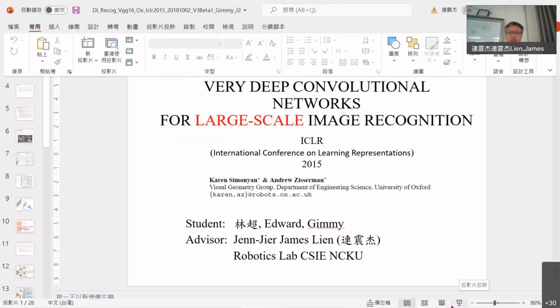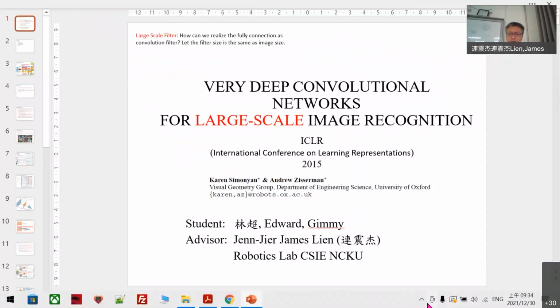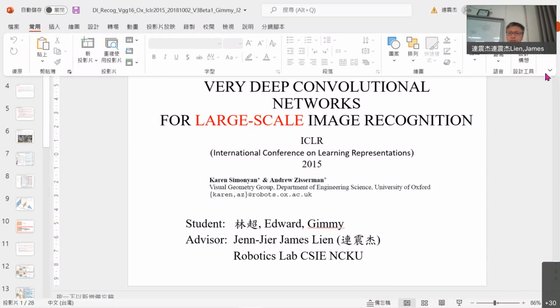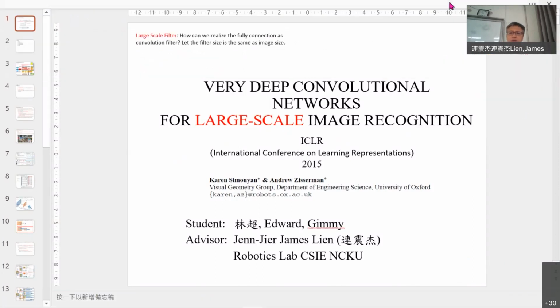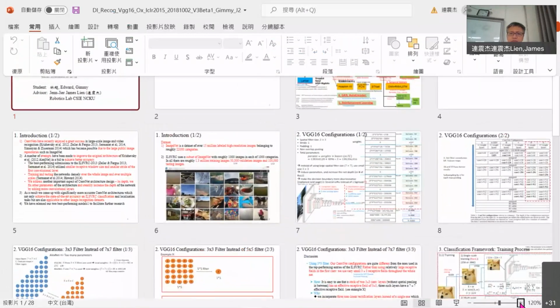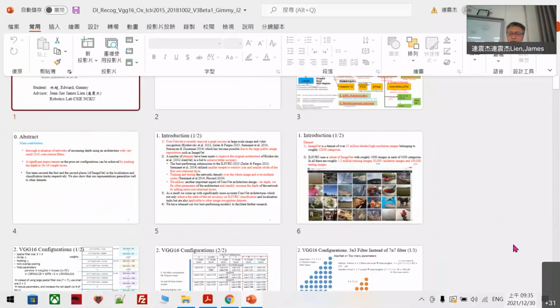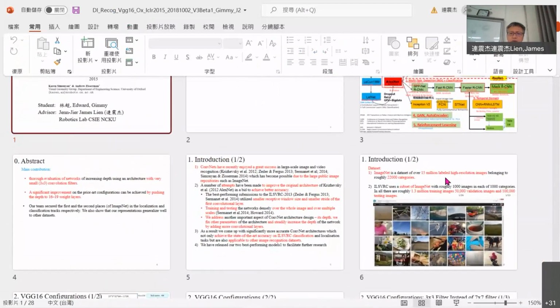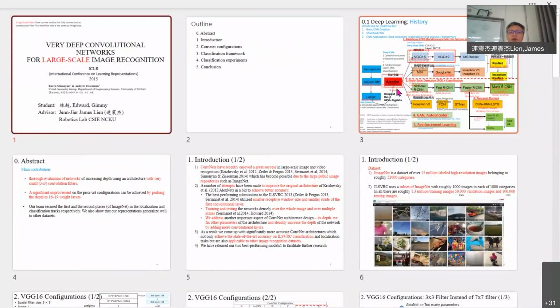And we talk about VGG16. We already talked about AlexNet here, and right now we don't use AlexNet because AlexNet is not deep enough.